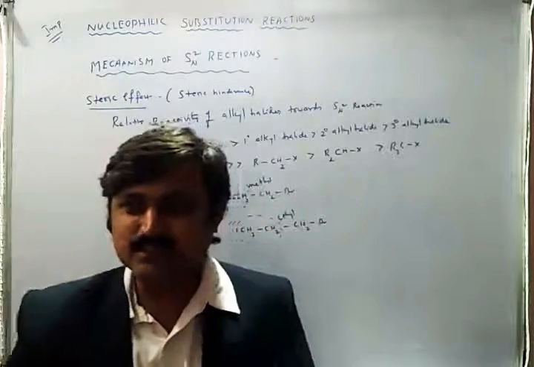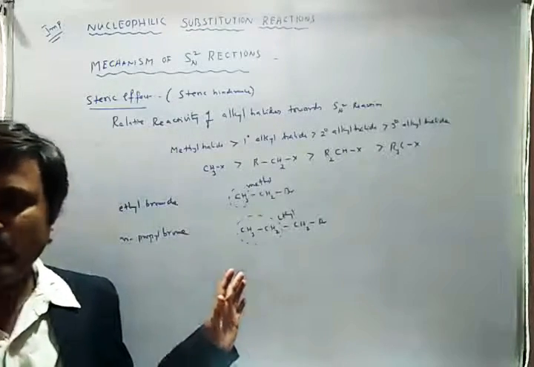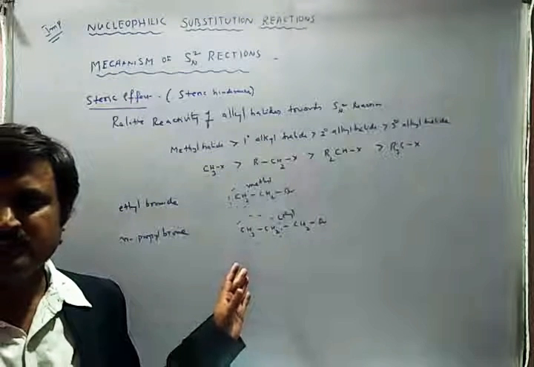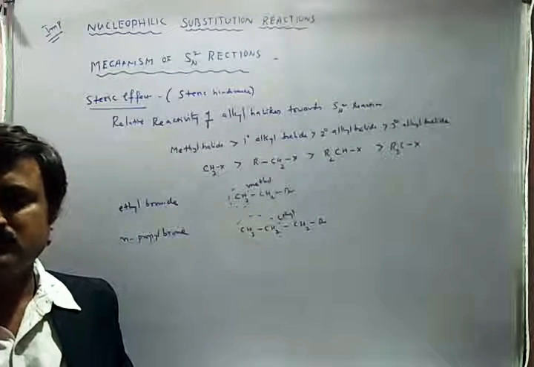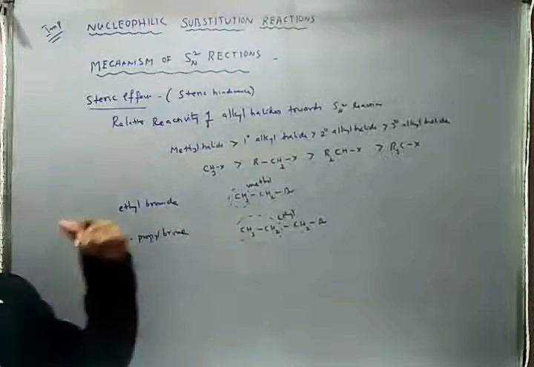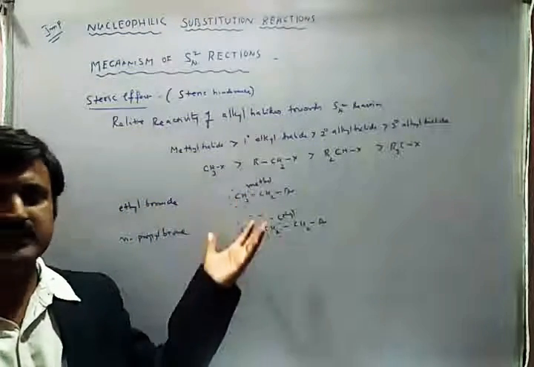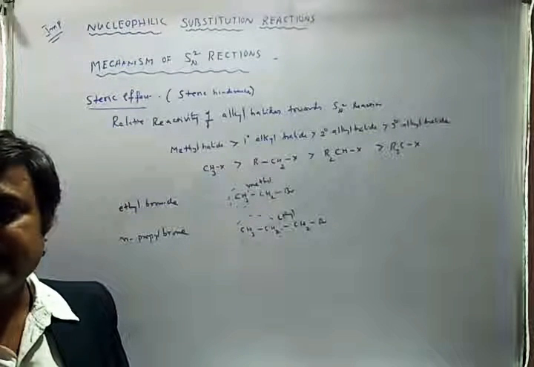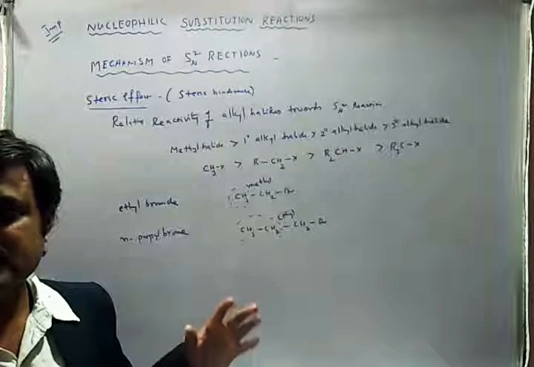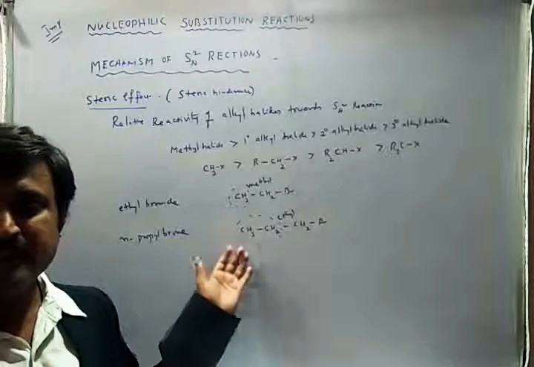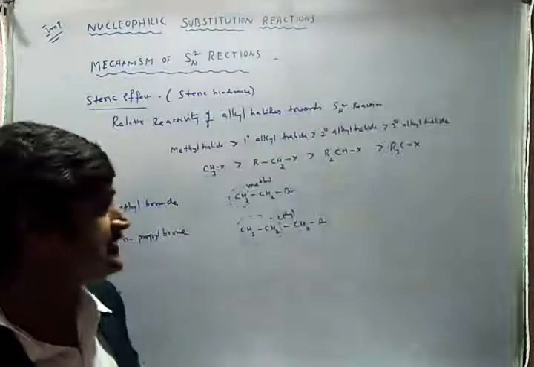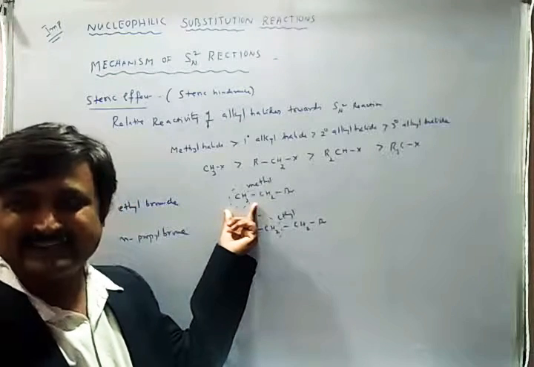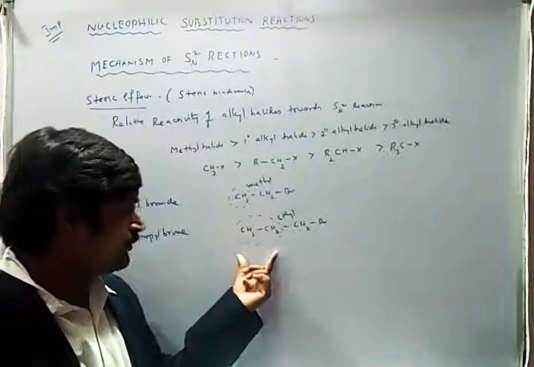What you understand from these two examples is that the ethyl size is more than methyl. Ethyl bromide is more reactive in Sn2 reaction, because the methyl group of ethyl bromide provides less steric hindrance than the ethyl group of propyl bromide.